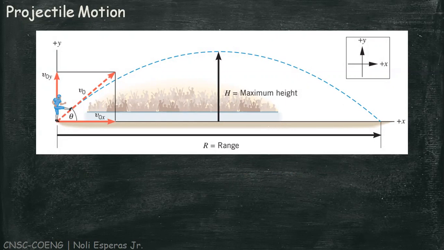So using the equations presented in the previous topic of the kinematics for constant acceleration in two-dimensional motion, also here in projectile motion, we consider horizontal and vertical parts of the motion separately.